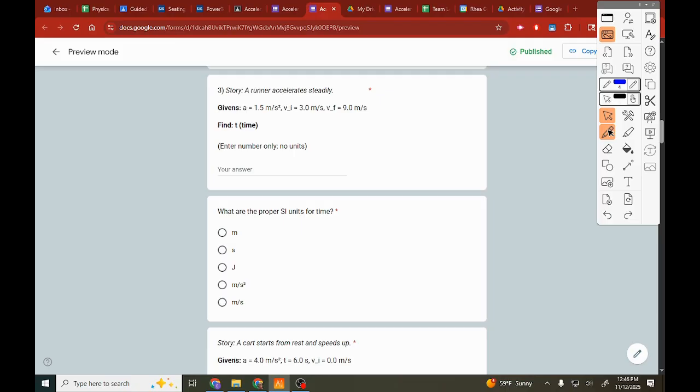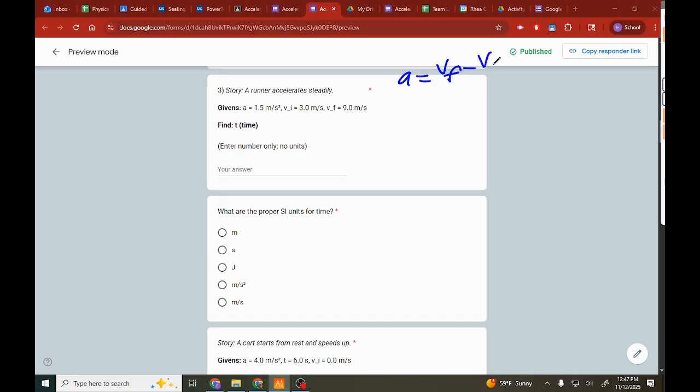A runner accelerates steadily. This time we're looking for time, but we're still using that same equation, a equals VF minus VI over t. This whole exam that we're doing is just using that one equation. Now, I'm not going to try to solve straight to the answer and make mistakes in my brain. Instead, I'm going to go step by step, plug in my values.